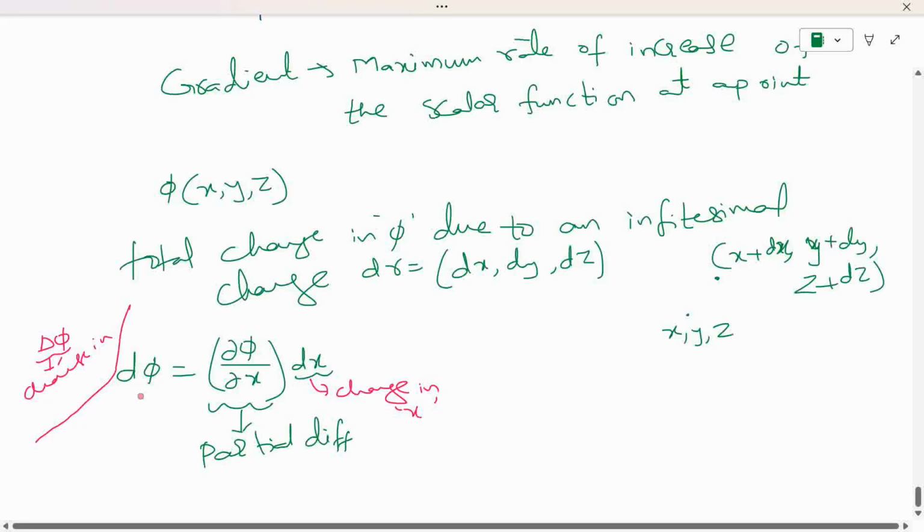But for calculating the change due to the changes here, we calculate it like this. Next is dou phi by dou y multiplied with dy, because we also have the small change dy. Similarly, we also have dz, so we do the partial differentiation.